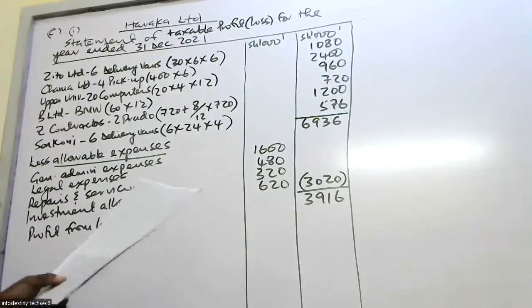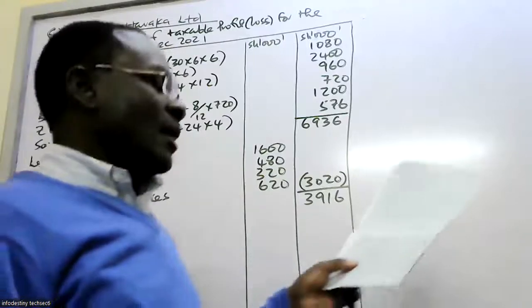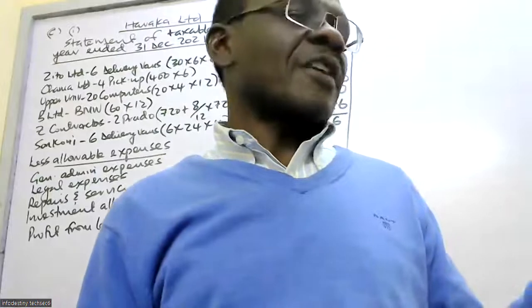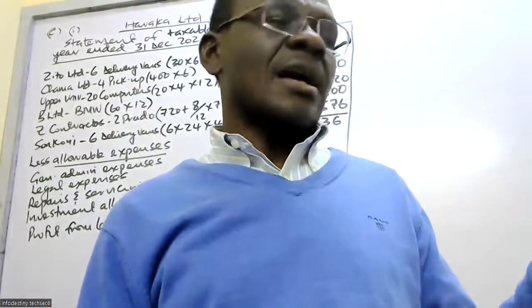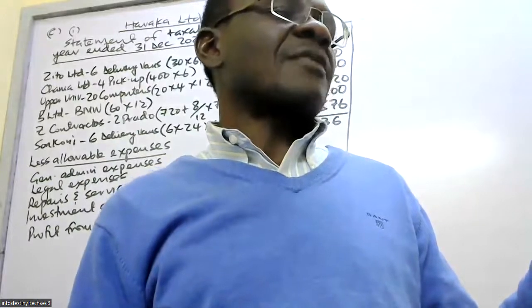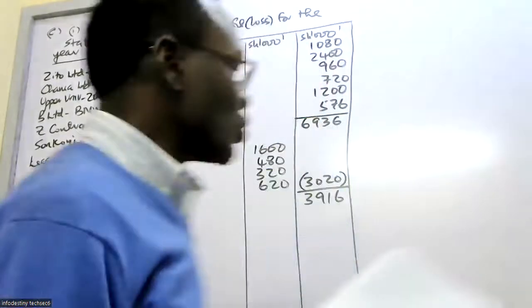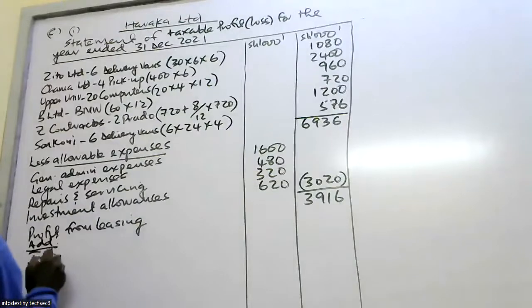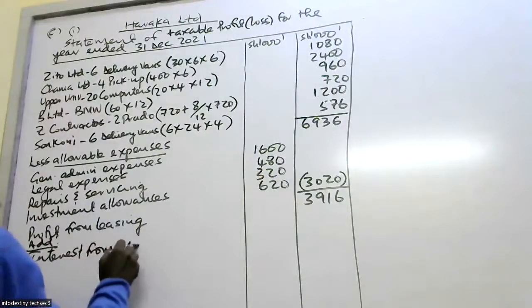Then there's dividends from CFA mutual fund. For dividends, withholding tax of 5% is the final tax. Interest from money market fund, interest is taxed twice. So we'll add interest from money market.